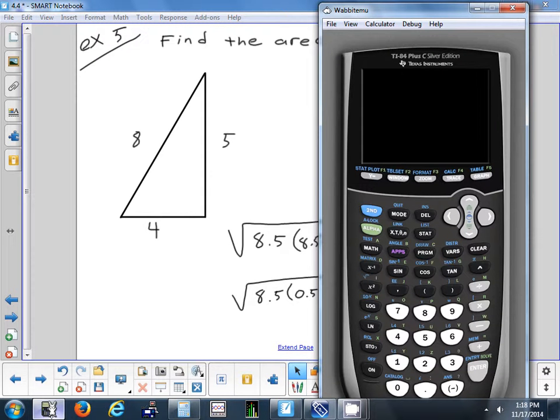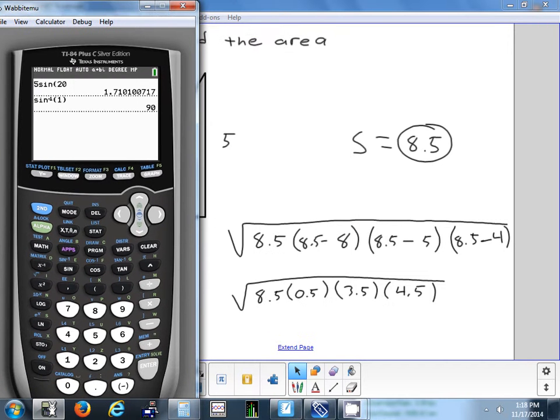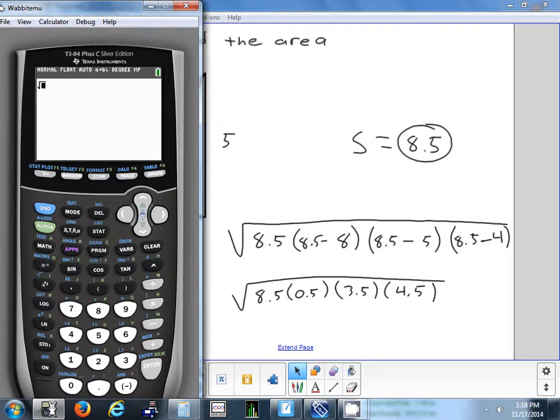Let me show you how you type all that in. So I'm just going to type it in one step. So square root of 8.5 times 0.5 times 3.5. Can you just plug it in over there? Type it in.